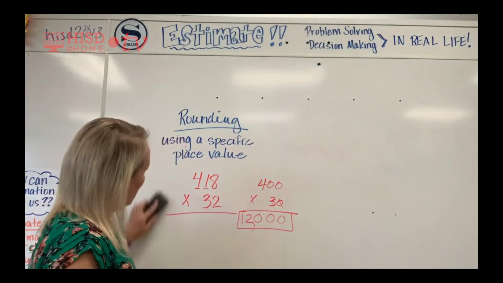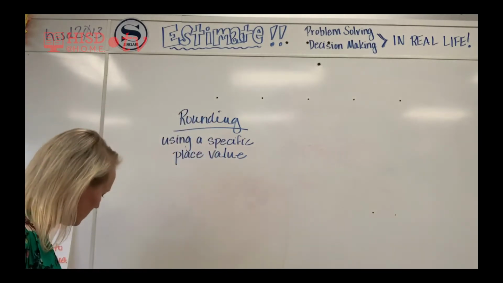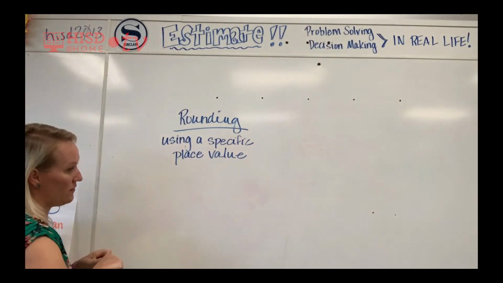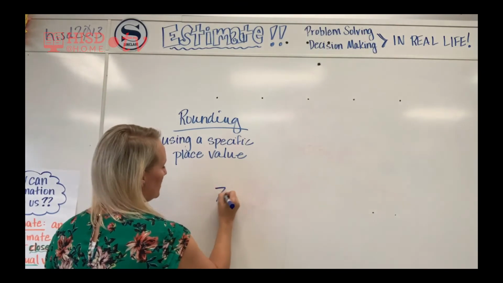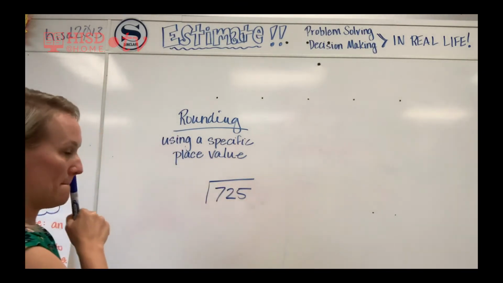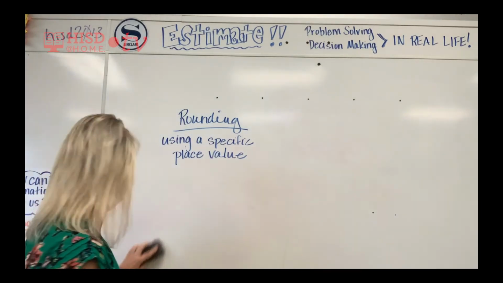Okay? Let's try another. What if you were dividing, for example, 725 divided by, actually that's not a good one. Let's do another.